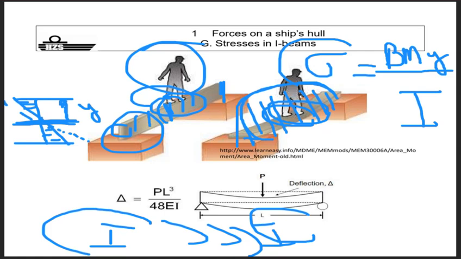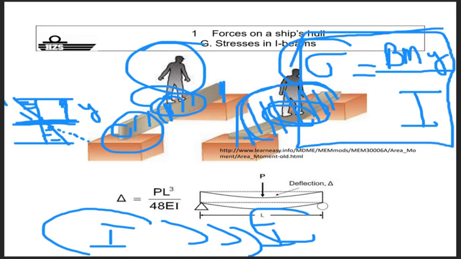And there you have your formula. This is the formula that links bending moment to stresses. It depends on the bending moment at the spot where you want to know your stress level. It depends at what position from the neutral axis you want the stress level. And it depends on the resistance against bending from the structure. And then you get your stress level.